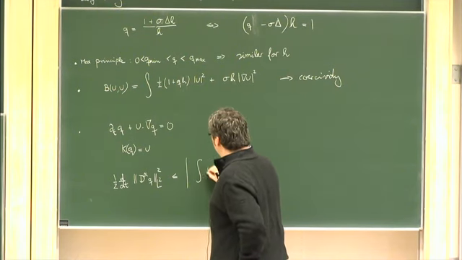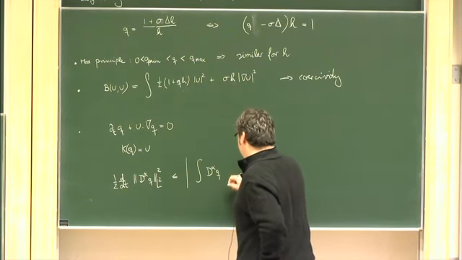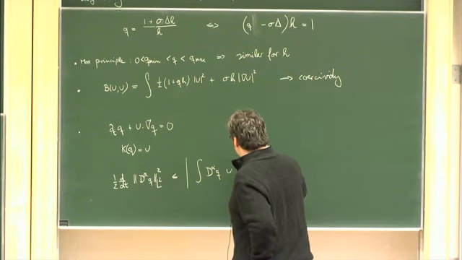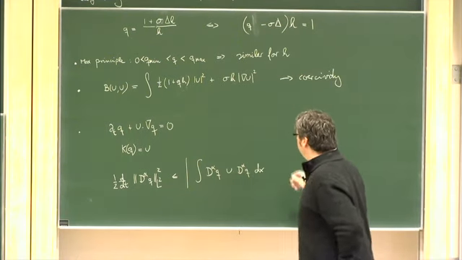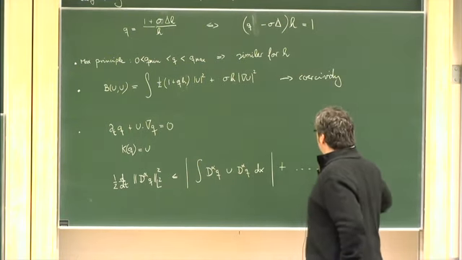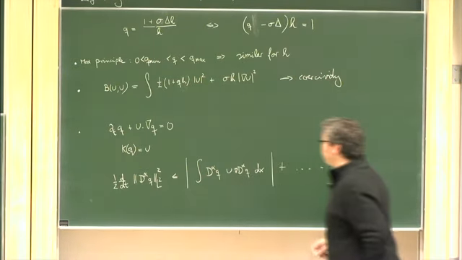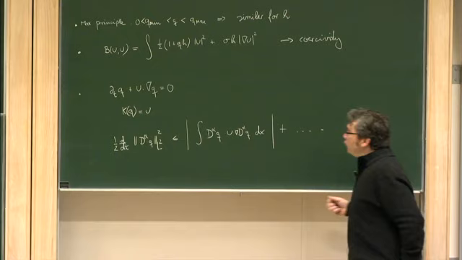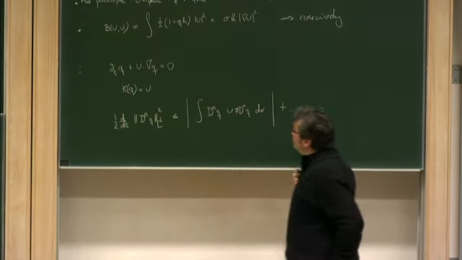So I get an integral of d^alpha q, u dot grad d^alpha q dx, so this is all Eulerian here, and then plus a whole gradient here, plus a bunch of terms which are not any worse than the term that I've written down here.